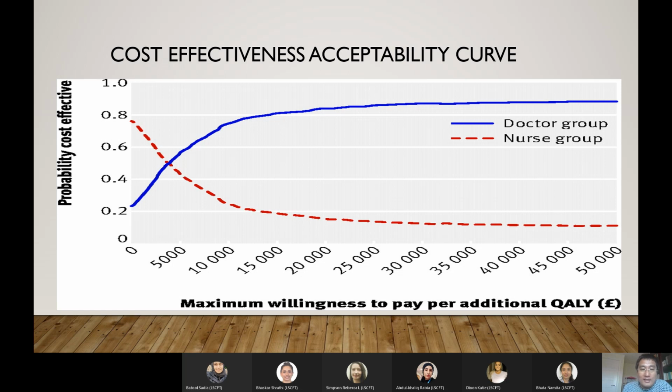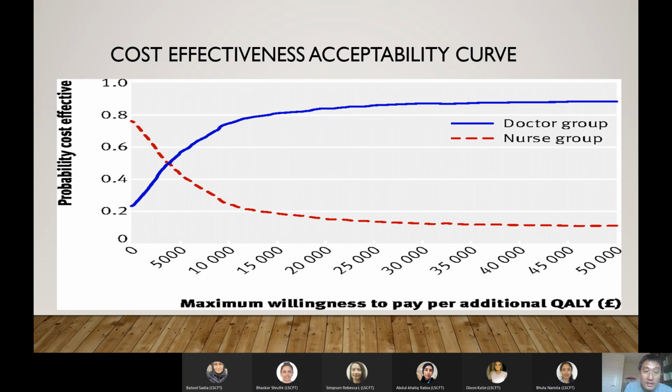What would be your answer? Cost effectiveness acceptability curve. Okay, and over here they will ask, if a person has paid 20,000, this is the doctors, this is the nurses, how much effectiveness is seen in the doctors group? 0.8 roughly.